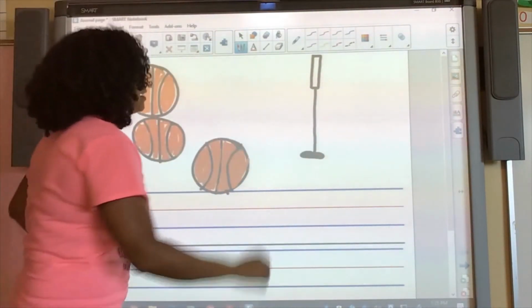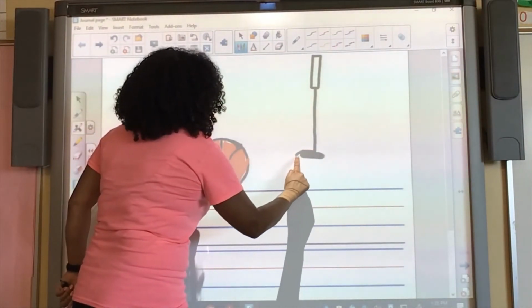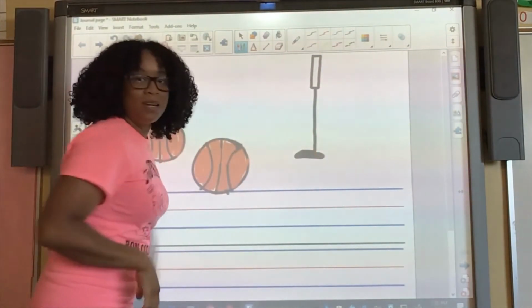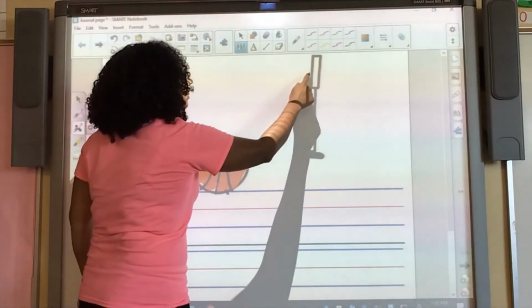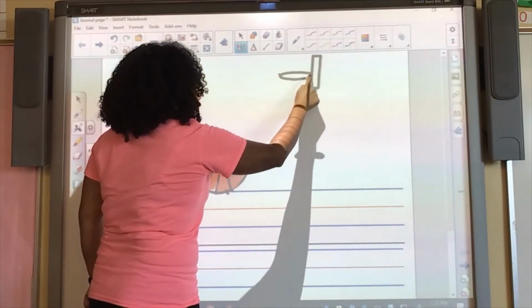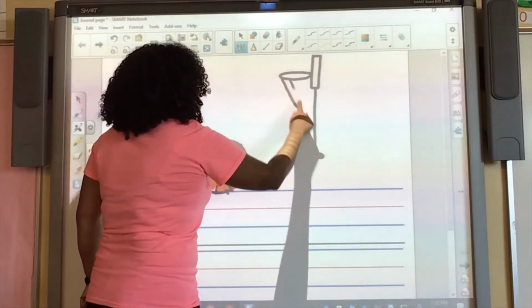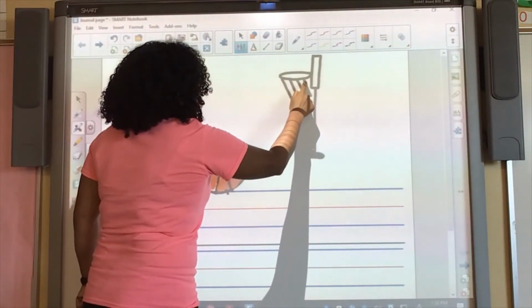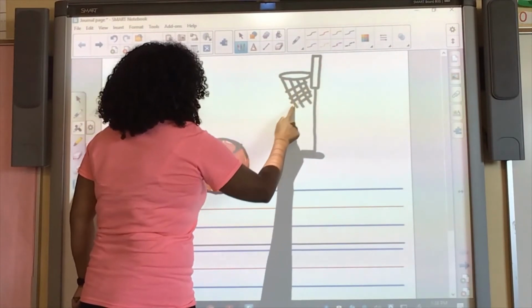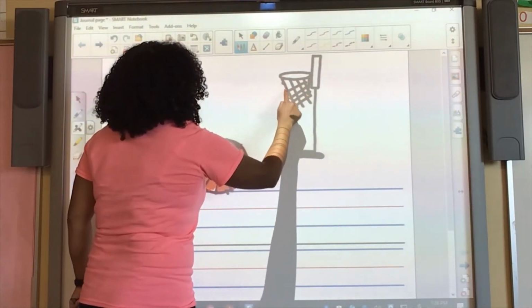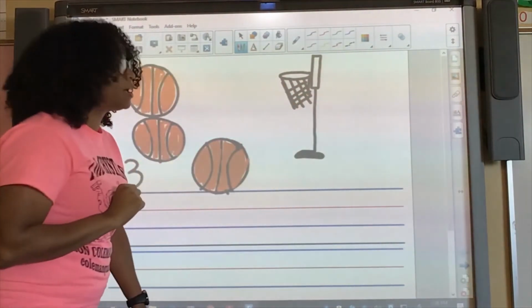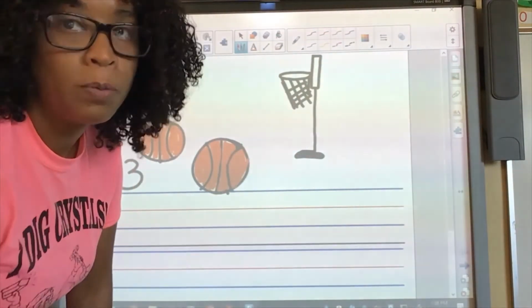This is the kind that Lucas has. And then we need to illustrate the net. So I'm going to do a circle, or actually more like an oval. And then I'm going to do the net. I'm going to do some slanted lines this way and then some slanted lines that way. There's my net.